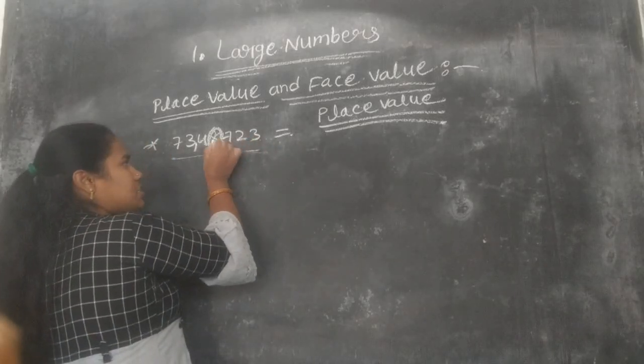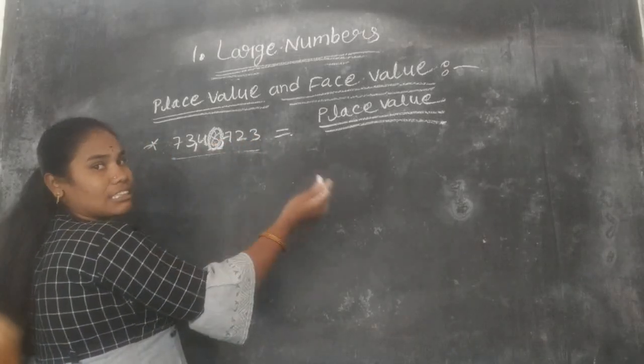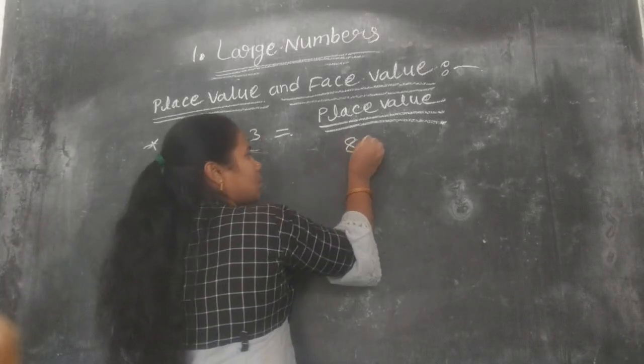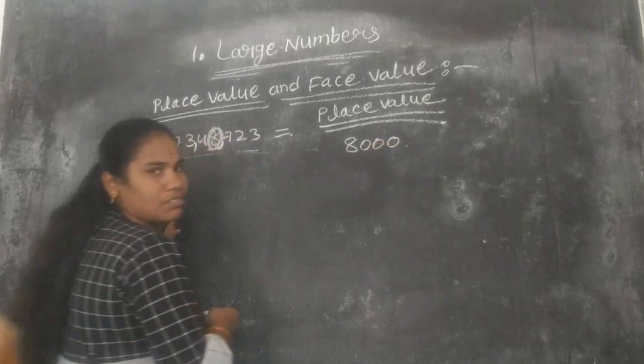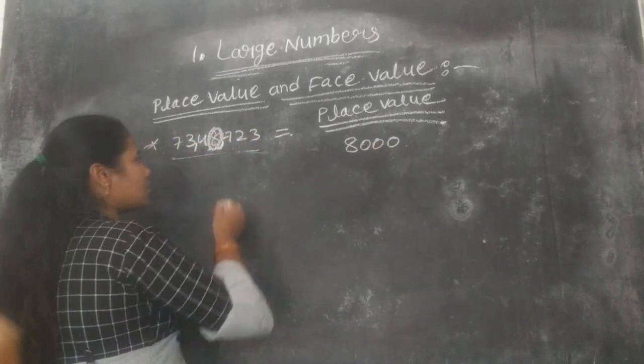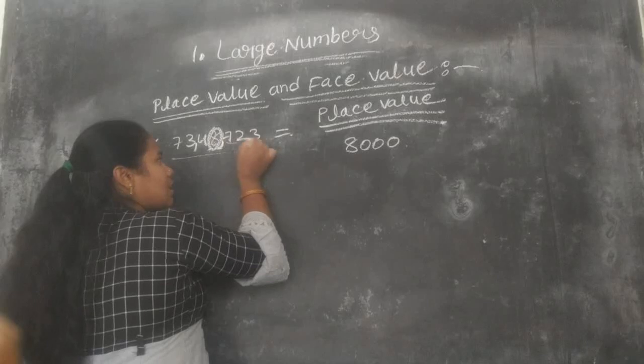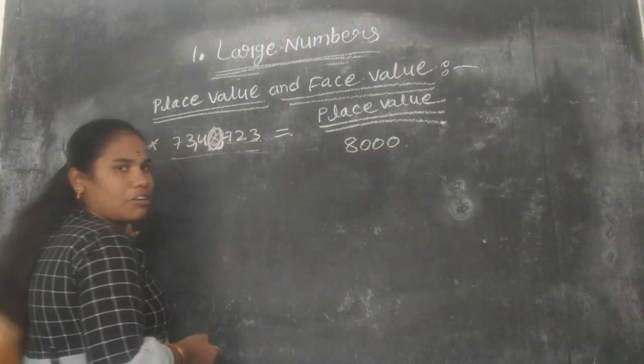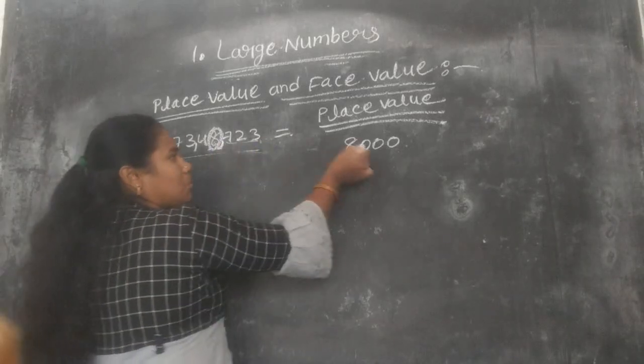Ones, tens, hundreds, thousands. So 8 in thousands place is 8,000. Understood? 1, 2, 3, for this 3 digits are there. Put the 3 zeros. Okay, 8,000.